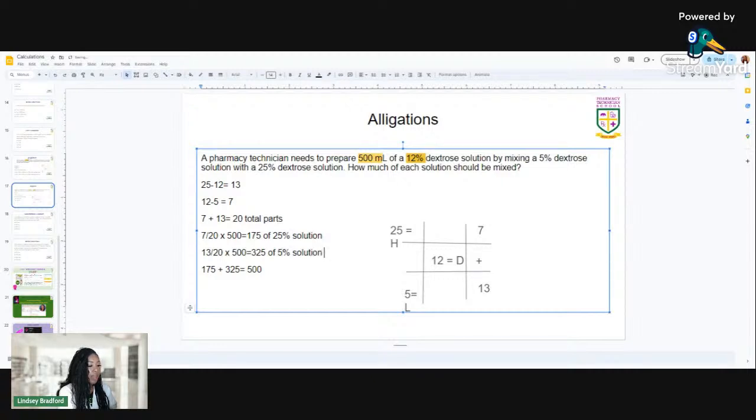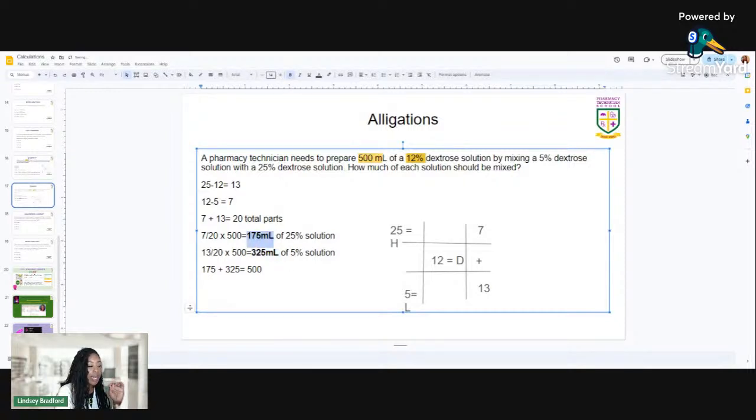And what I'm doing here is I'm basically saying, hey, we're going to need 175 milliliters of the 25% and 325 milliliters of the 5% solution. Okay. So again, your answers should equal the 500.